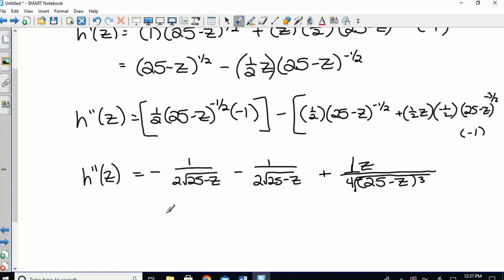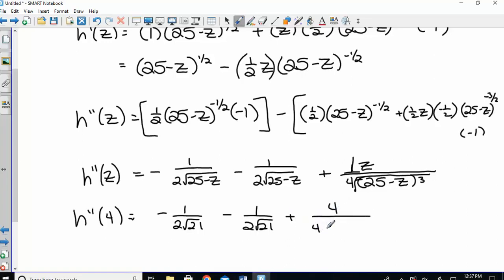If we plug in our 4, so we have -1/2 radical 21 minus 1/2 radical 21 plus 4/4 times the square root of 21 cubed.